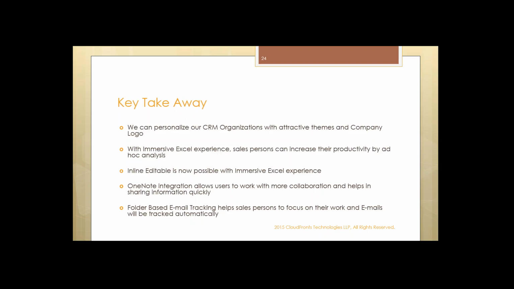With the introduction of Excel Online, the inline editable grid is not needed anymore. You can directly use Excel Online to update the records. Also, OneNote integration allows users to work with more collaboration and helps in sharing information very quickly. Lastly, folder-based email tracking helps salespersons focus on their work and emails will be tracked automatically.